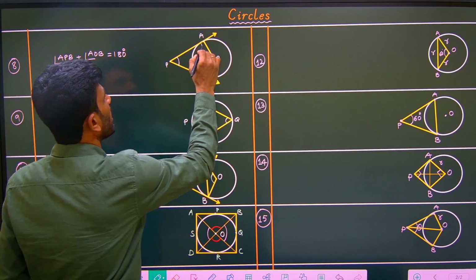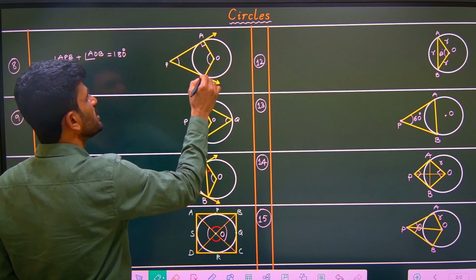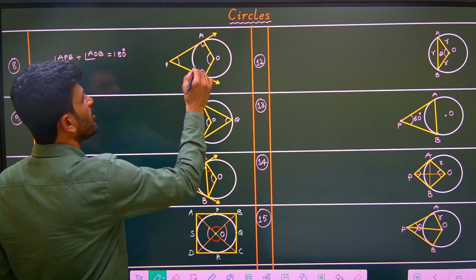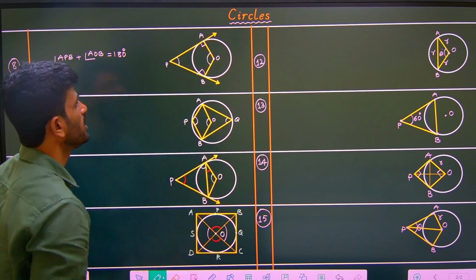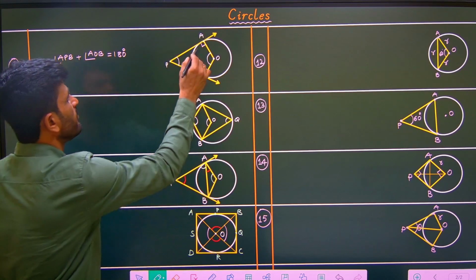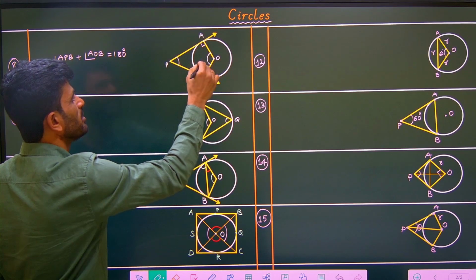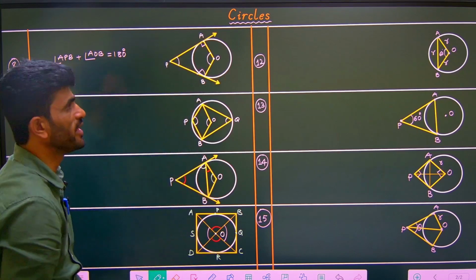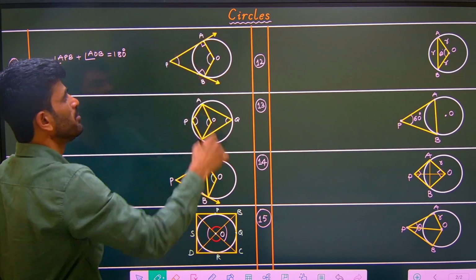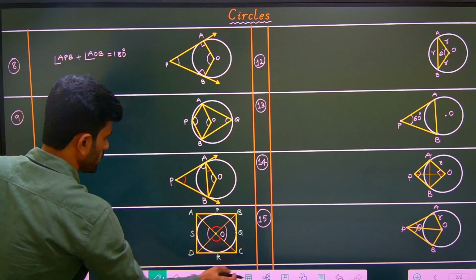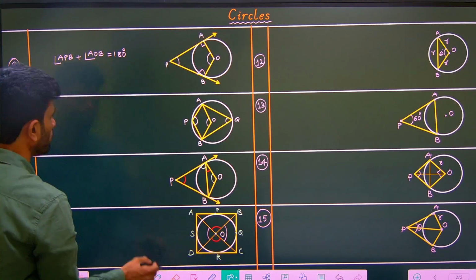Because we know angle OAP is 90 degrees, and angle OBP is also 90 degrees. And we know the sum of the four angles in a quadrilateral is 360 degrees. So if these two are 90 and 90, which is 180, then O and P together are also 180. AOB plus APB is 180 degrees. Try to remember this point also.